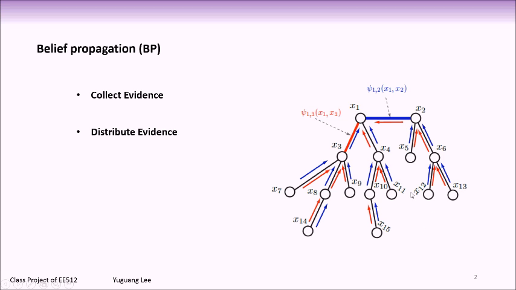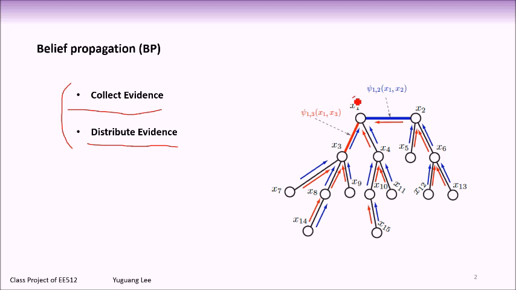So BP is used to calculate the marginal probability of each node and each edge given a graph. It is achieved by a two-step procedure: collect evidence and distribute evidence.